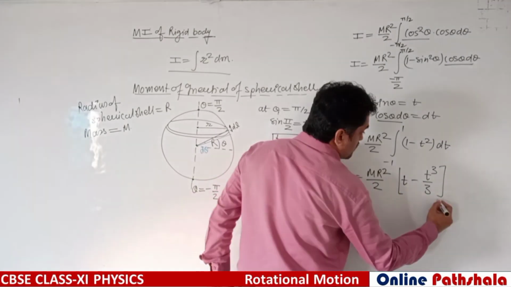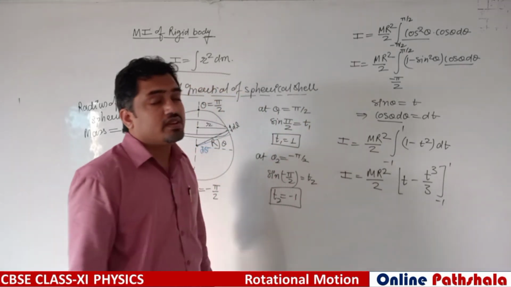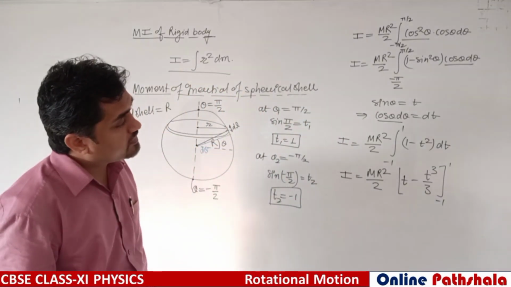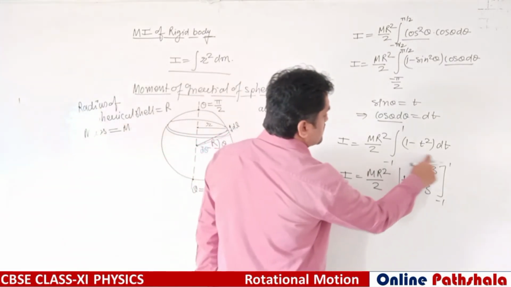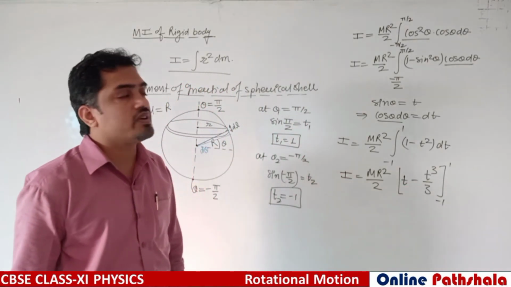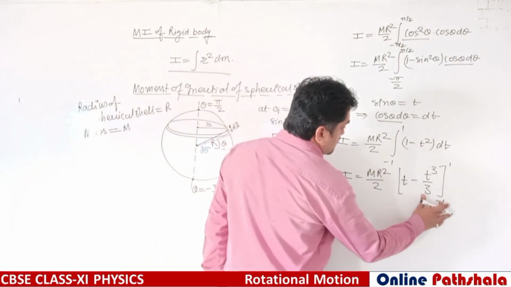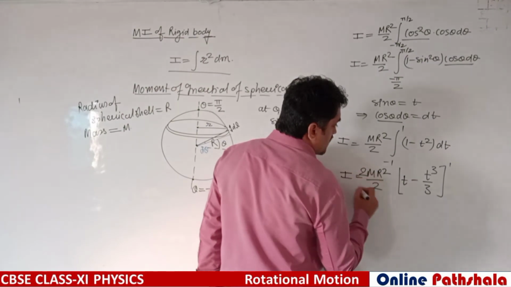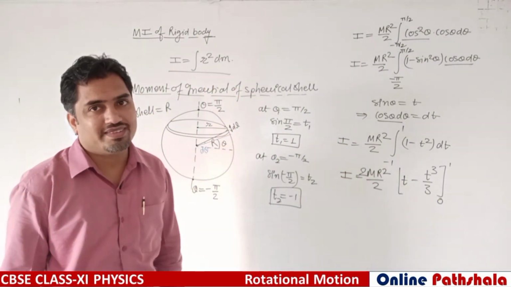We have to use limit from minus 1 to 1, or since 1 minus t square is an even function, we can multiply by 2 and change the limit from 0 to 1.